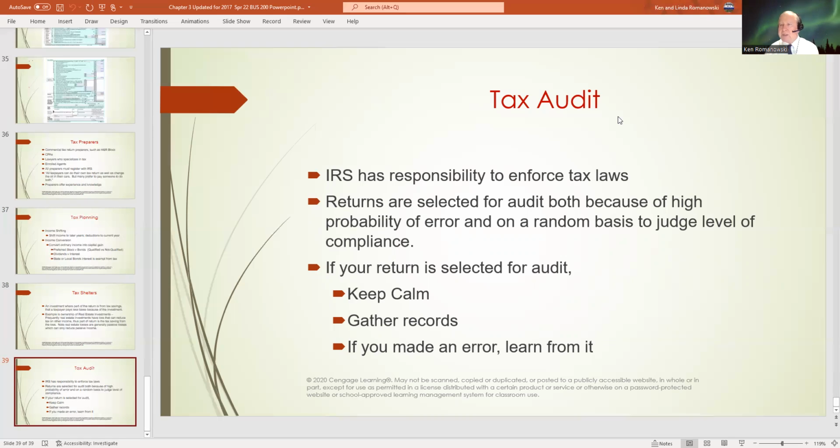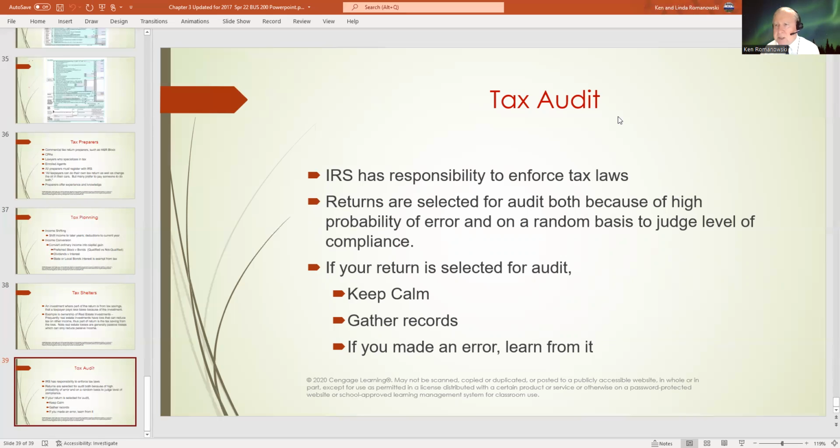The IRS doesn't make the laws. Congress makes the tax laws. The IRS enforces them. Remember that, and that may even be a question you have to remember. It's the IRS's duty to make sure that everybody's paying their fair share of taxes and doing it legally.